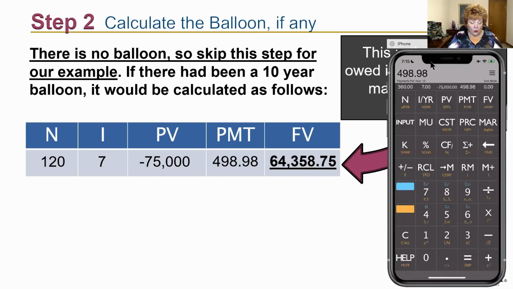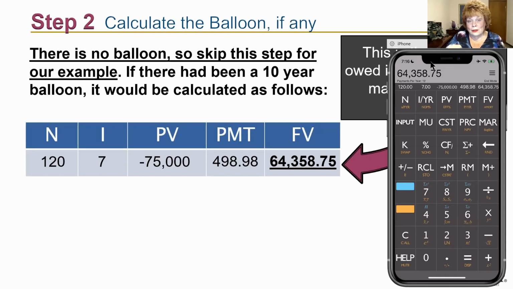Okay, so we would put 120 into N, and we simply press FV, and indeed we get a balloon amount of $64,358.75. And remember, some people think that means that next month, that's what the payoff is.